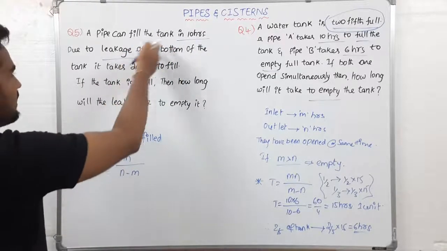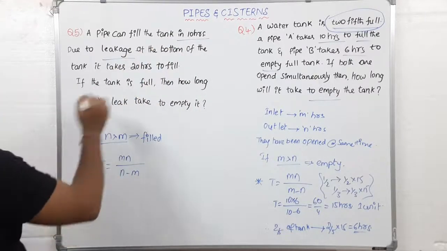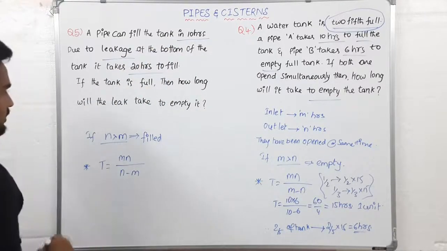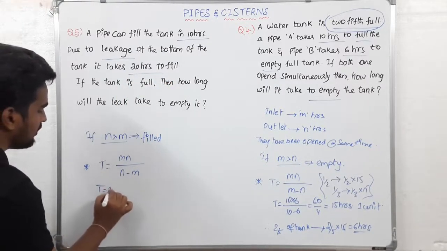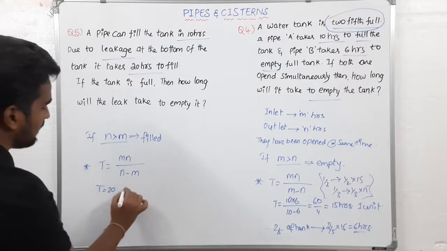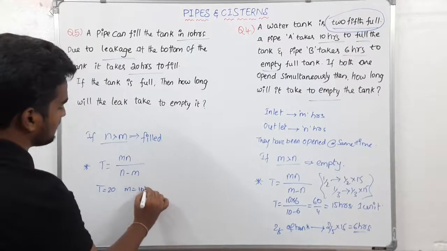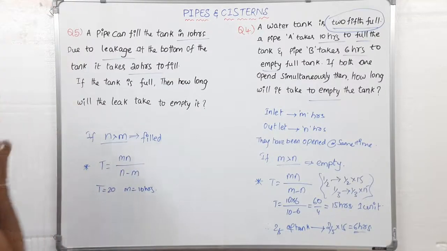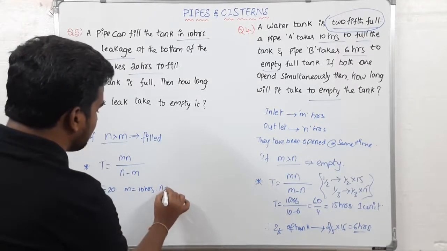Due to this leakage and the inlet pipe, the tank will be filled in 20 hours. So they have given the T value as 20 hours and the m value, the inlet pipe, as 10 hours, and they are asking how long the leak takes to empty the tank. So we need to find the n value.